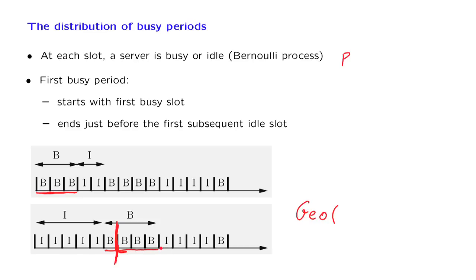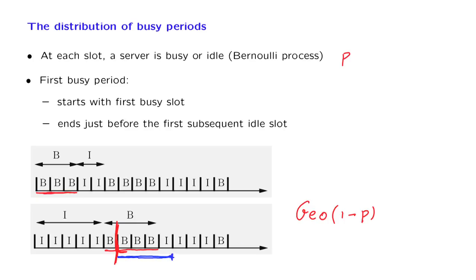Since we're thinking of the idle slot as being a success, the parameter in this case is going to be 1 minus p. So, the length of this blue interval that starts at this slot and extends until the first idle slot has a geometric distribution with parameter 1 minus p.